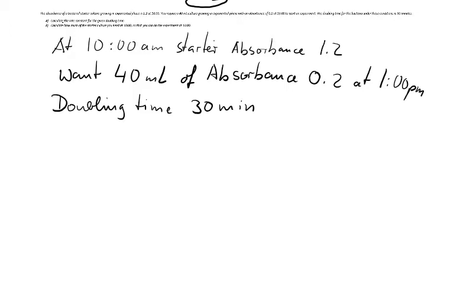We know the equation for the doubling time. So if I put here equation for doubling time equals, so what is the equation for the doubling time? What is the equation for a doubling time?